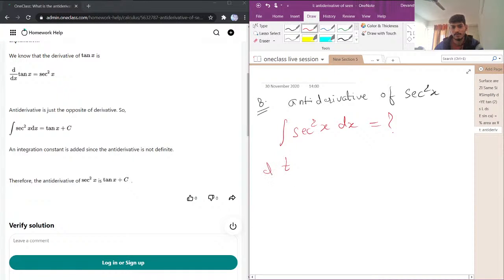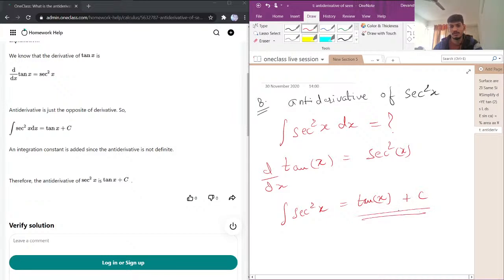The derivative d/dx of tangent of x is secant square of x. So the antiderivative of secant square of x will be equal to tangent of x. But we have a C here because this is an indefinite integral, so a constant will be added.